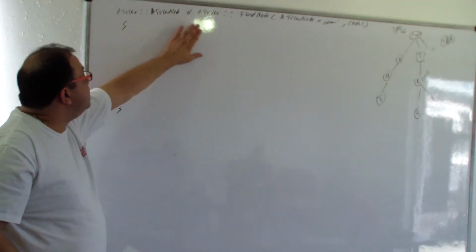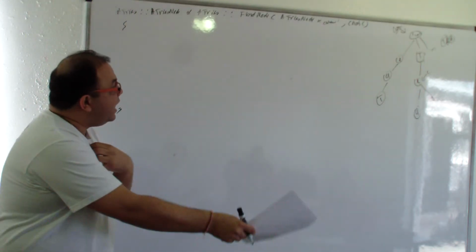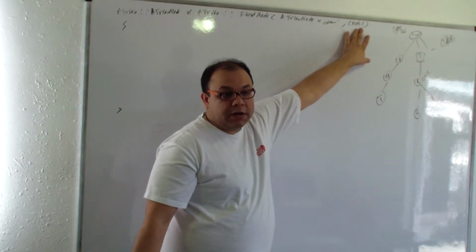So I want to find if the current node has a child which has a character C.